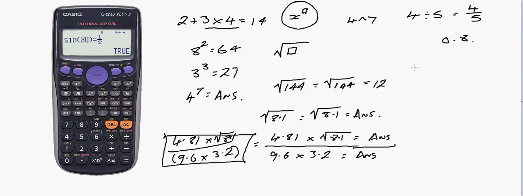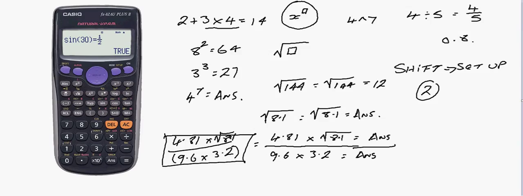Okay, so to reset your calculator so that you always get a decimal answer first, you press Shift, then you press Setup, and then you press the number 2.